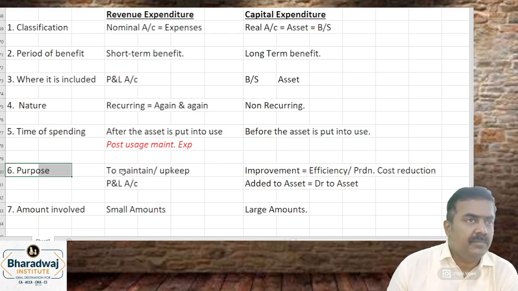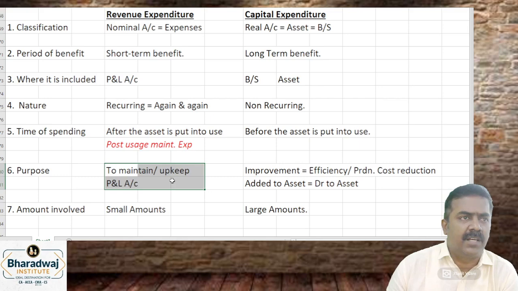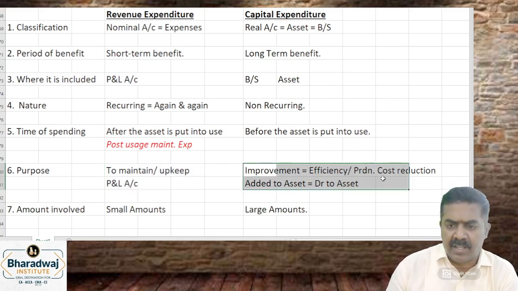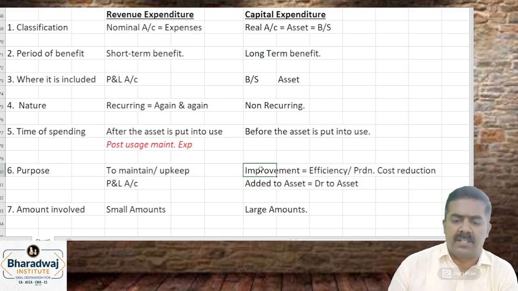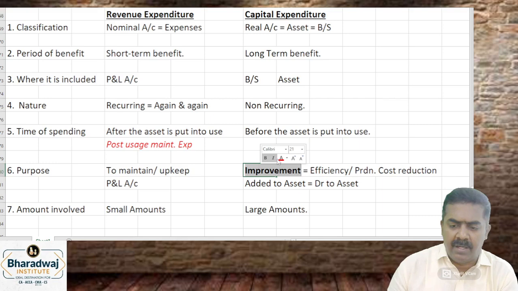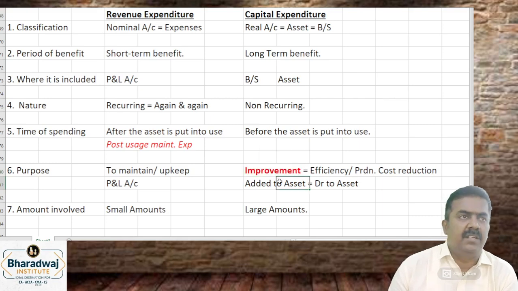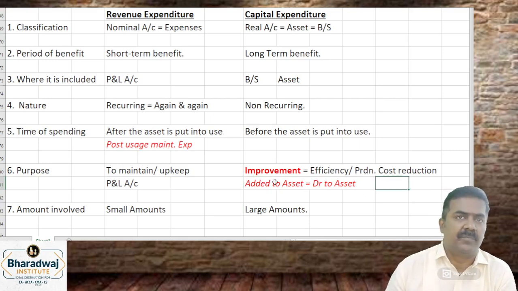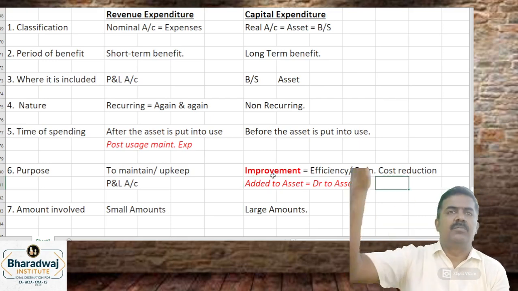Purpose is to maintain, to keep the asset in working condition. And for capital expenditure, the purpose is improvement, maybe in efficiency, number of units produced, cost reduction. All improvement expenditures are what? Added to asset value.